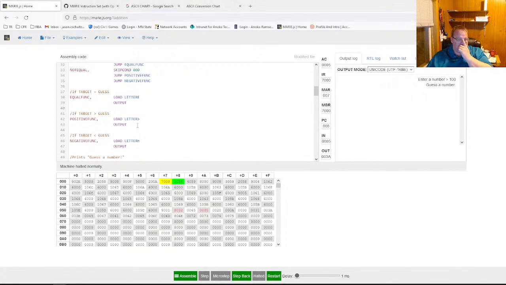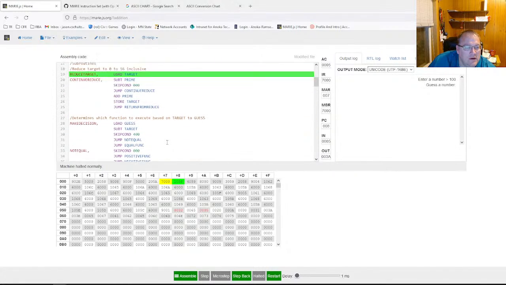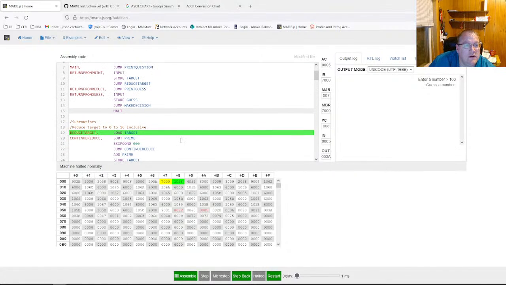Now each of these needs to then also do a jump, and it needs to jump back to return from reduce, because we want to ask for a new number.